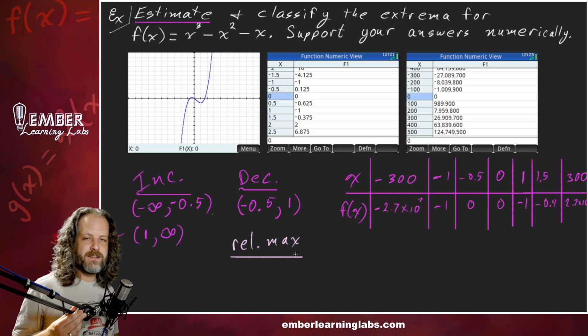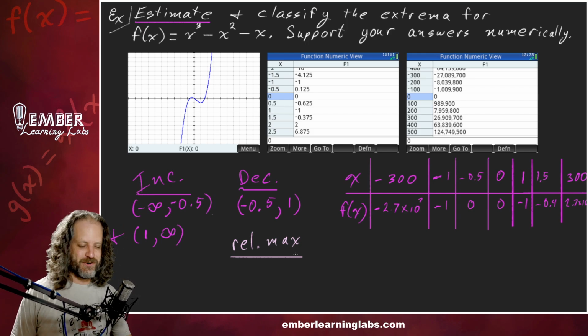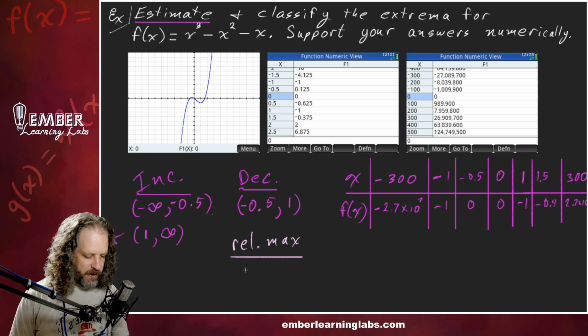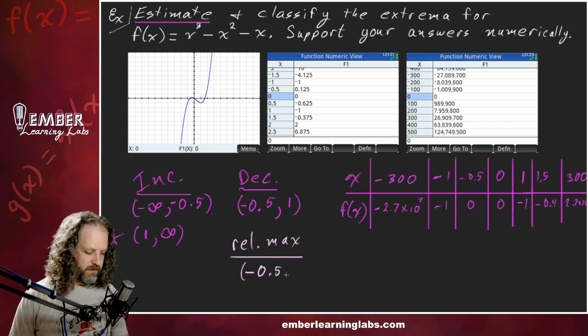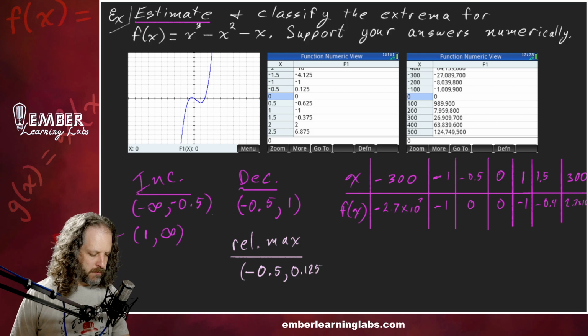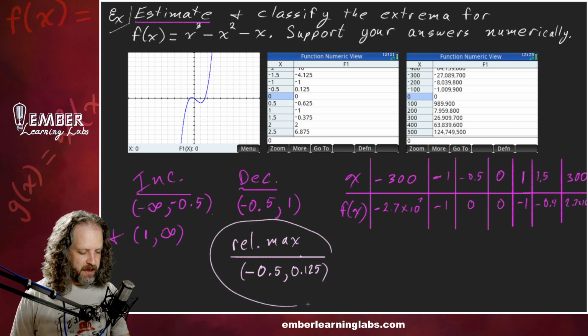We're so smart to do extra stuff or something. It is at -0.5, almost did it again, 0.5. And where is that? That is at 0.125, or an eighth. So there's a relative maximum right there.